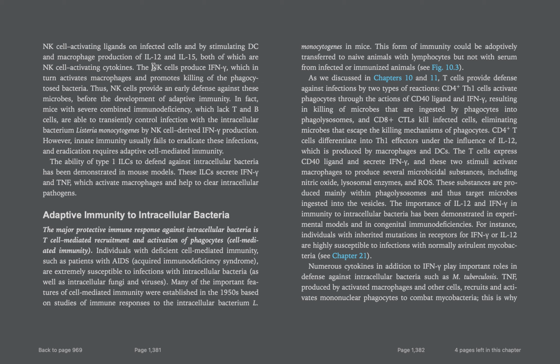These substances are produced mainly within phagolysosomes and thus target microbes ingested in the vesicle. The importance of interleukin 12 and interferon gamma in immunity to intracellular bacteria has been demonstrated in experimental models and in congenital immunodeficiency. For instance, individuals with inherited mutations in the receptor for interferon gamma or interleukin 12 are highly susceptible to infection with normally avirulent mycobacteria.